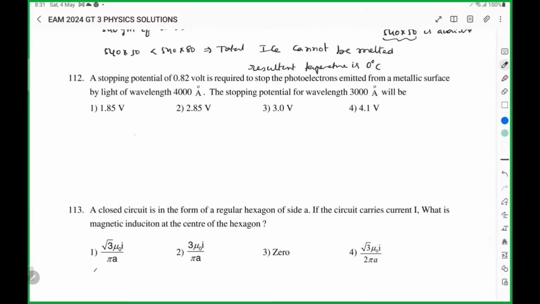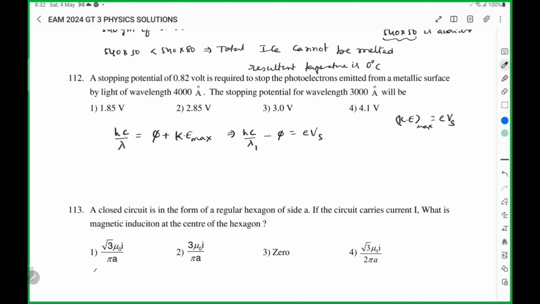The stopping potential required to stop the photoelectrons emitted from a metallic surface is work function plus KE maximum is hc by lambda minus phi, that KE maximum is e times stopping potential.